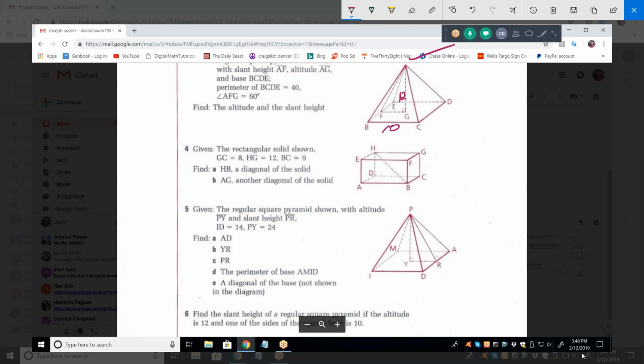BC is 10. One of the sides of the square base. They want this slant altitude right here. So we just need to find G, F, whatever. What's FG? That'd be 5. What kind of triangle is that? 5, 12, 13. 5, 12, 13, exactly.